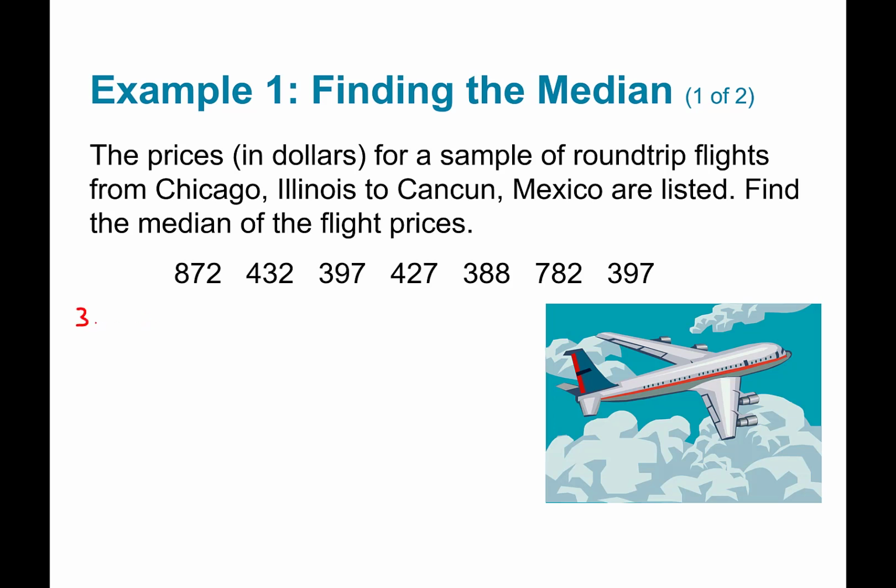So my smallest data value is 388. Then I have 2 397s. I have a 427. I have 432. I have 782. And then I have 872.